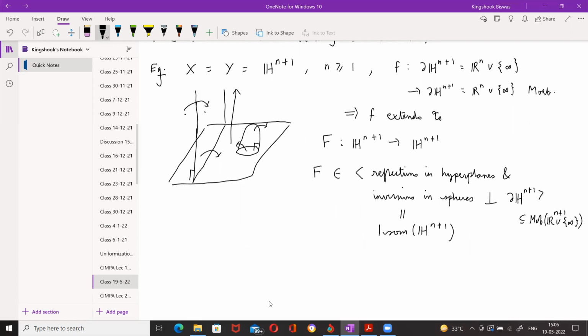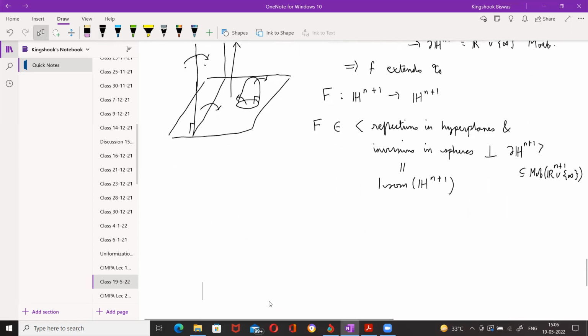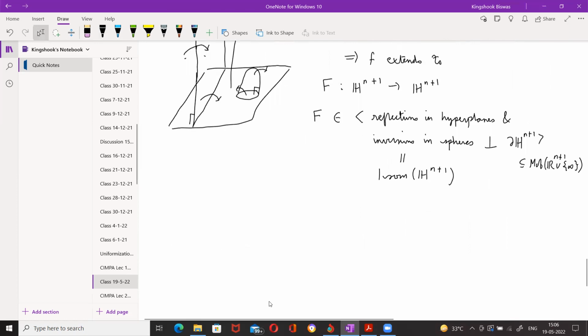So this is a key fact, which is the crucial last step in the proof of what's called the Mostow rigidity theorem. So let me state it at least, and we'll see how much of the proof we can do. We don't have much time left.